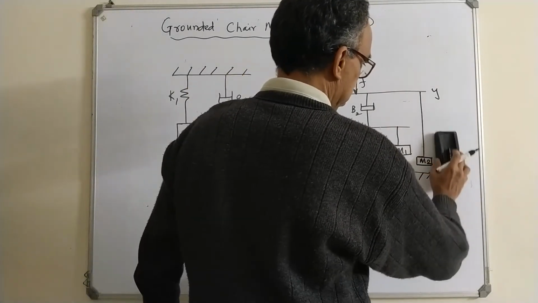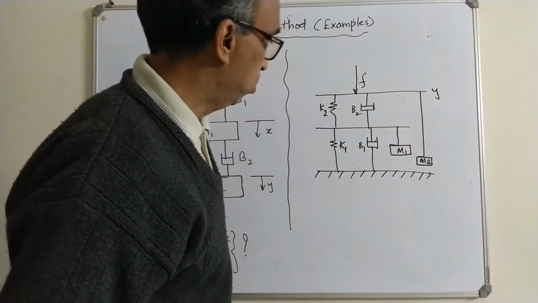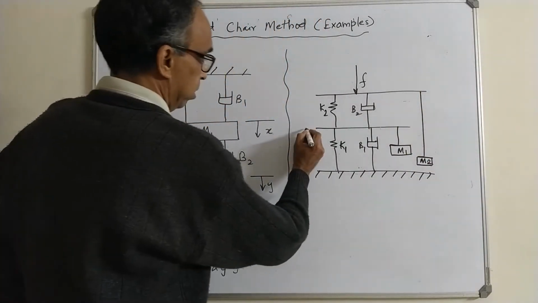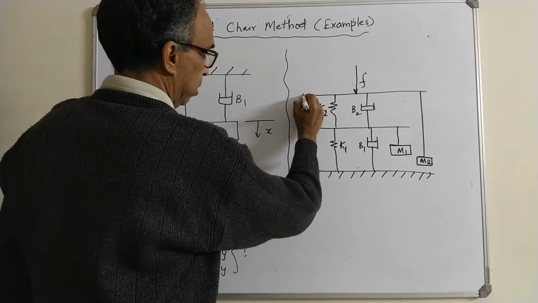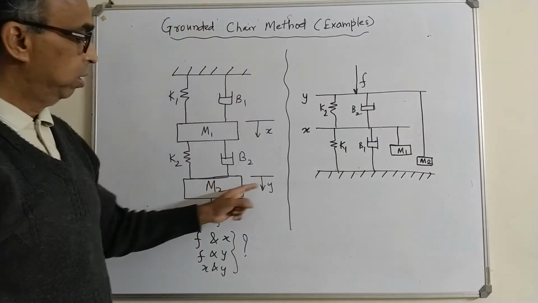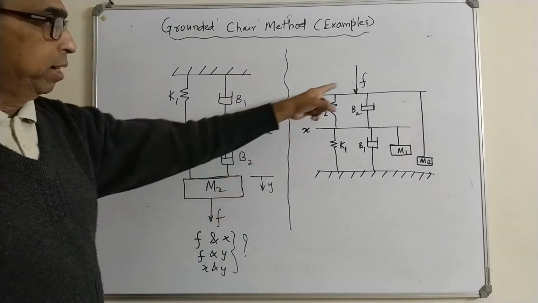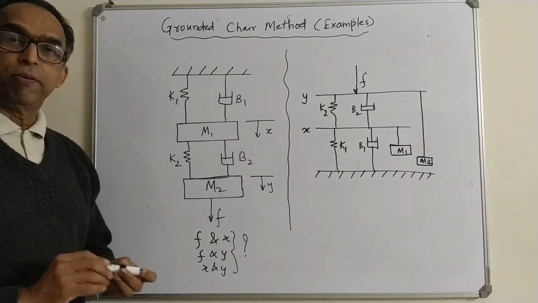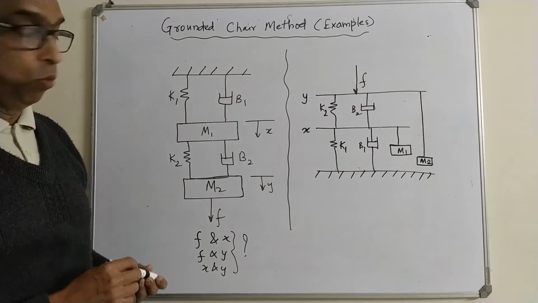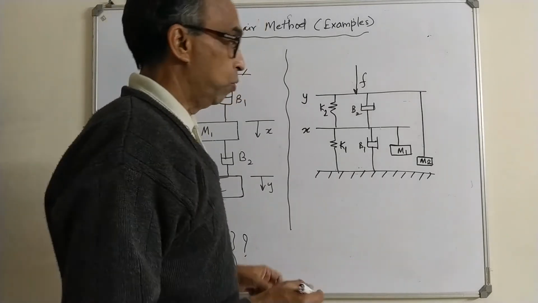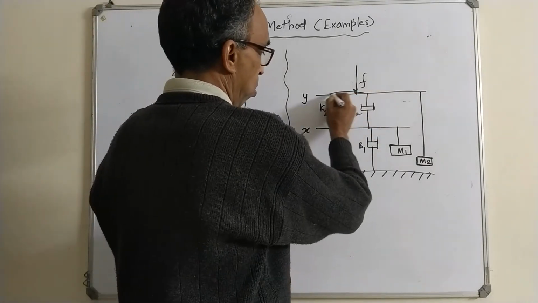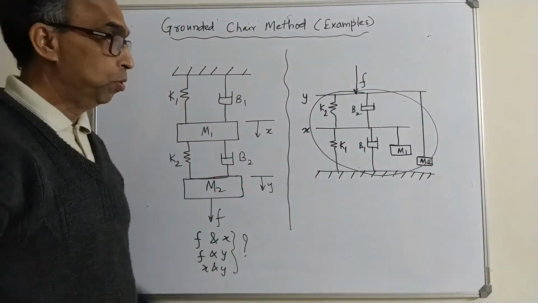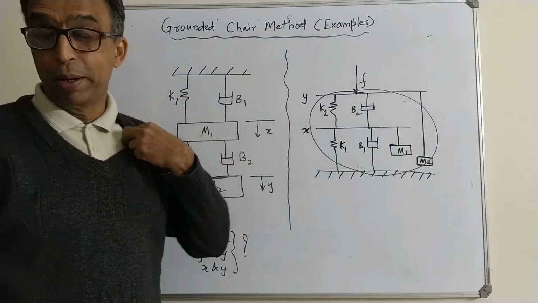Now this is our grounded chair representation. Just to avoid confusion, I write X and Y on the left hand side. This is my X. This is my Y. Y was the force coordinate. Now, what is the next step? The final step was to write the equations. While writing the equation, take a pencil on your notebook, don't use a pen because this figure will appear crooked.